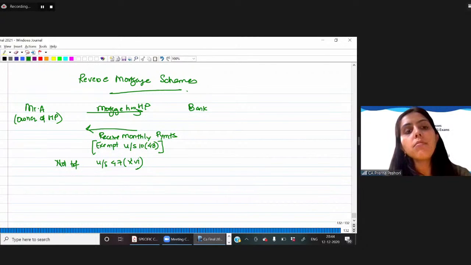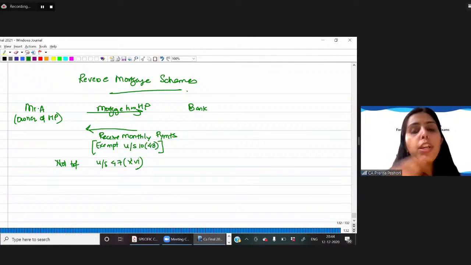Clear? What if Mr. A dies? Now, the legal heir of Mr. A goes to the bank, pays off the entire amount, and takes the mortgaged property from the bank after repaying the amount of loan. Now, when he buys the house property from the bank, he thinks that it's no more required and he sells it off.